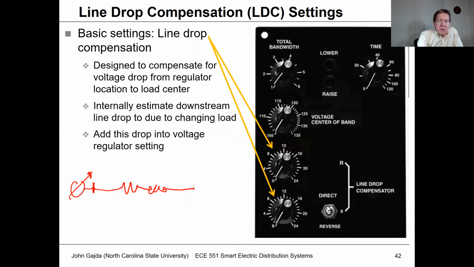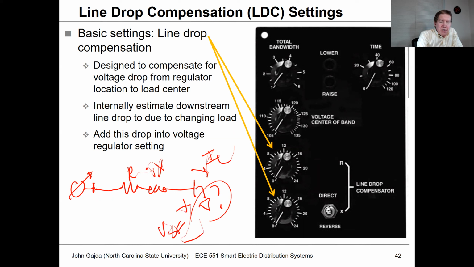What I'm really worried about is setting the voltage at the load. The problem is that if I have some resistance and reactance and a load current, and I really want to set this value at the load, what does the control value for the regulator need to be?